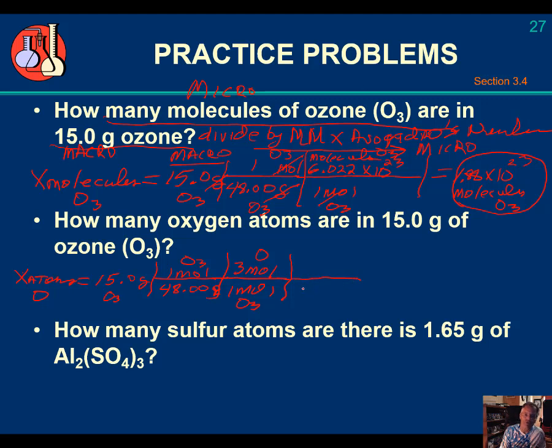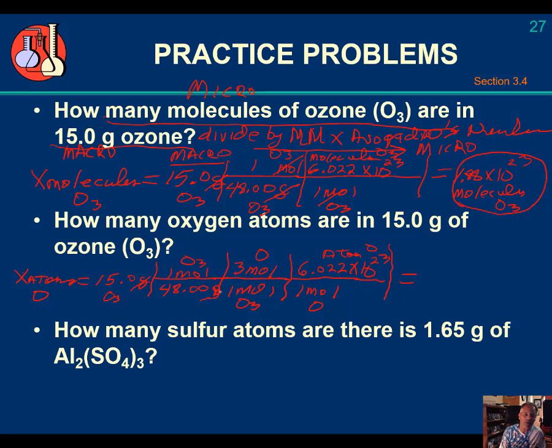You can play around with this. So every 1 mole of oxygen is equal to 6.022 times 10 to the 23rd, and this is atoms of oxygen. I tend to write all the units so that I don't confuse myself.